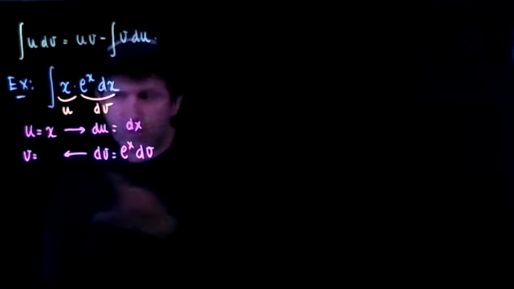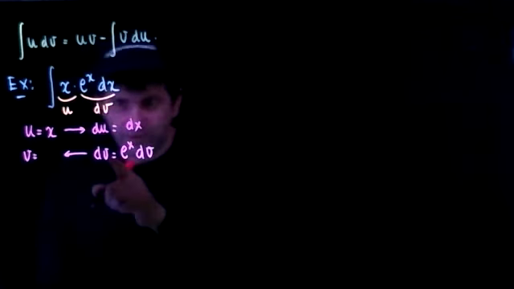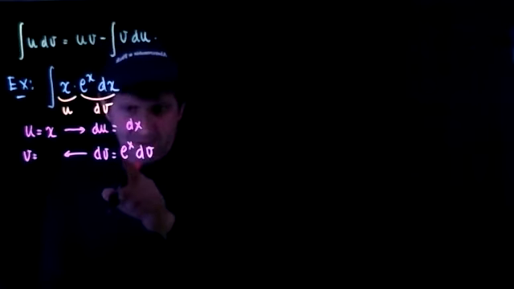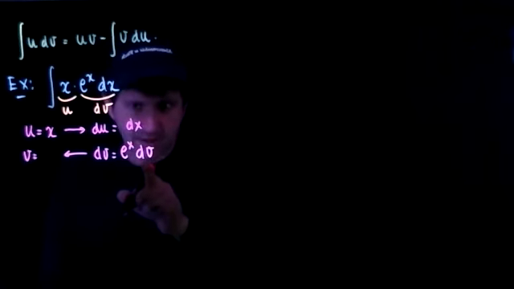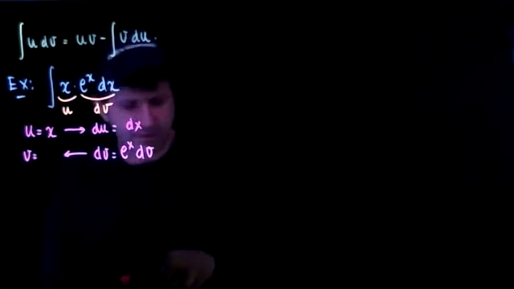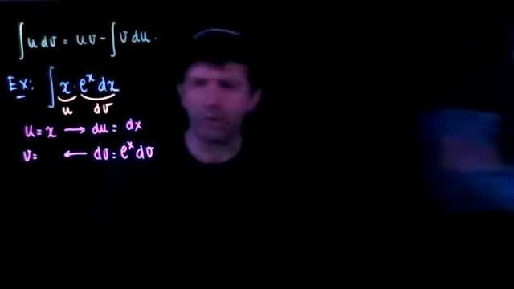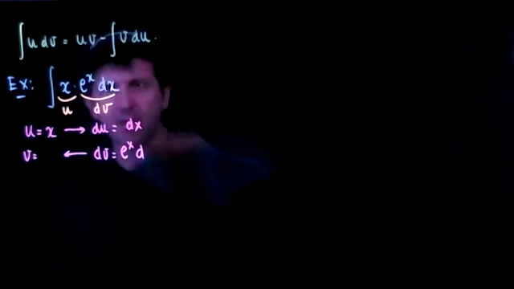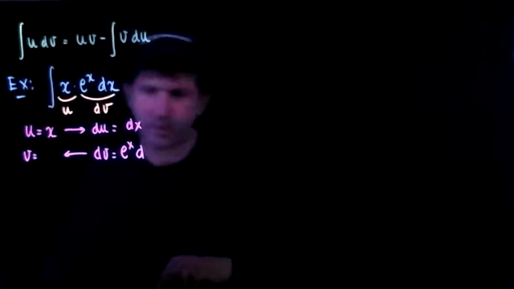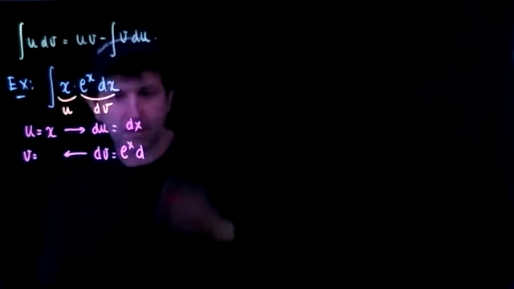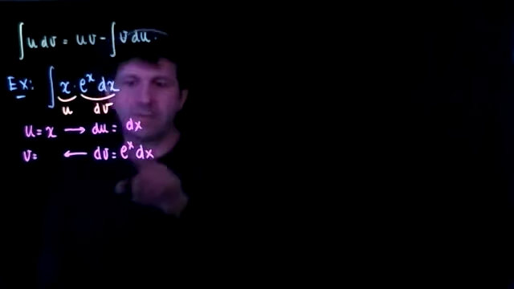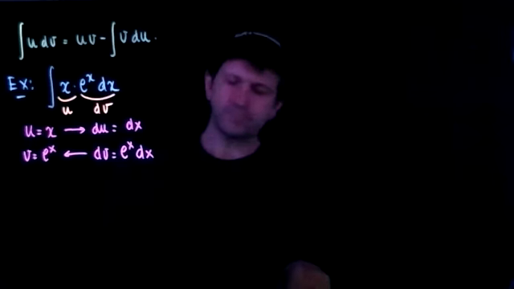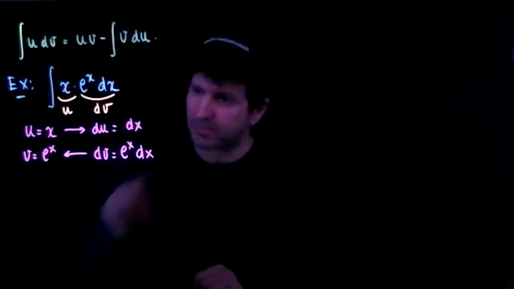And to get from dv to v, I have to find the antiderivative. The antiderivative of e to the x dx is just e to the x. Any questions on this setup?